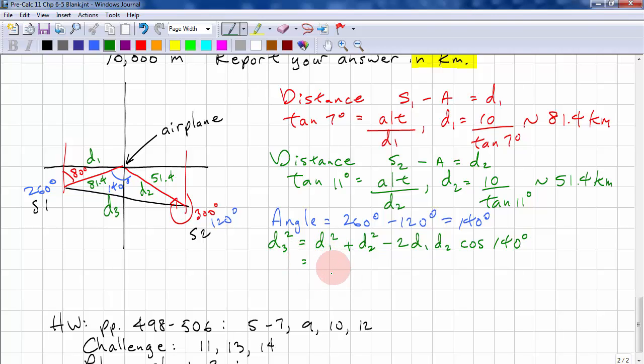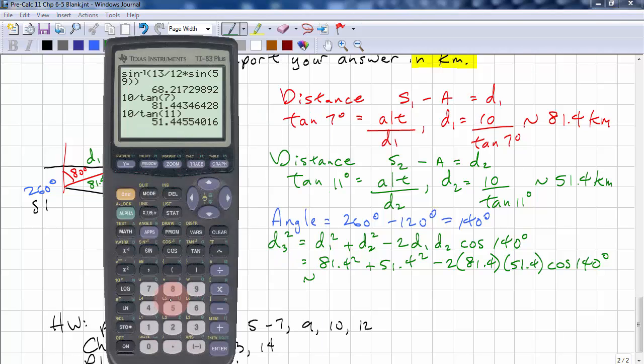Substituting our values in, we have 81.4 squared plus 51.4 squared minus 2 times 81.4 times 51.4 cos 140 degrees.